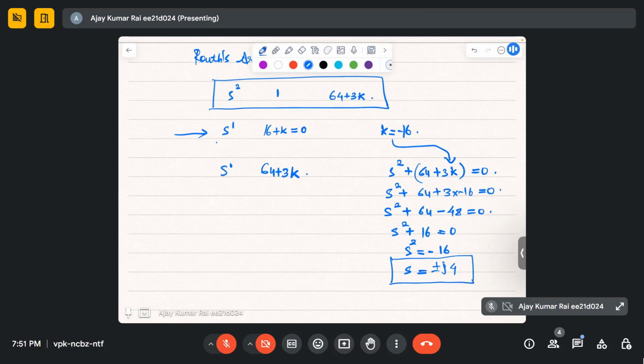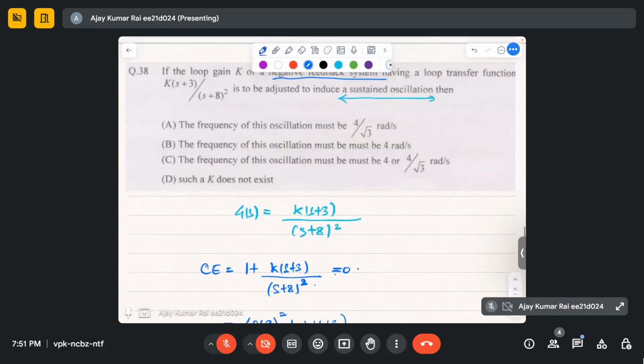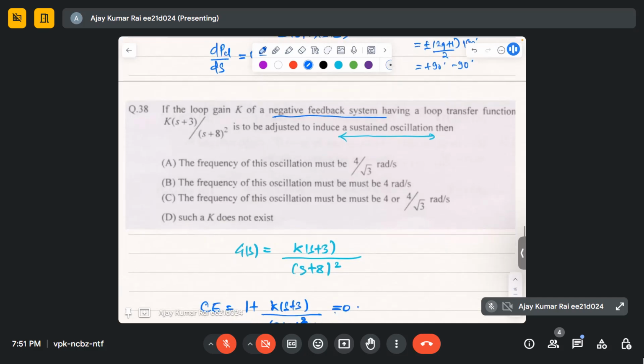I'm getting sustained oscillation at omega equal to 4. But in this question, let's see the options. Clearly you can see the frequency of oscillation must be 4. This option is there.